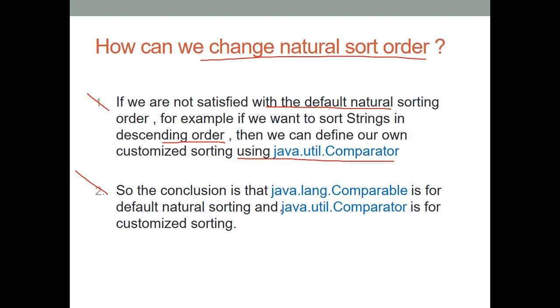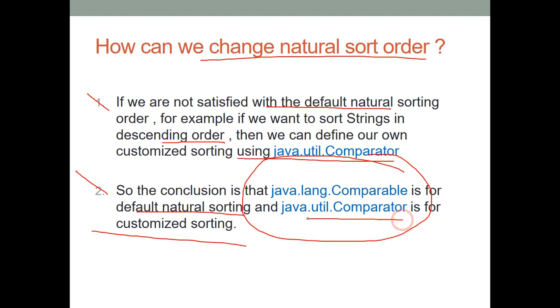So the conclusion is that java.lang.Comparable is for default natural sorting and java.util.Comparator is for customized sorting. Remember this: both do similar things, but there is a difference. One is for customized, the other is for natural.